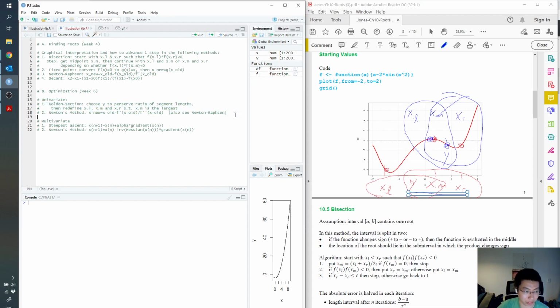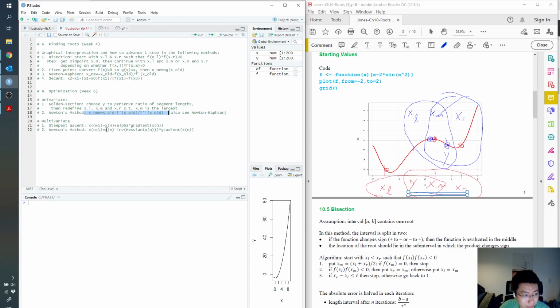So for the univariate case, we've seen these 2 methods to optimize the function. And then if I have a multivariate case, I can either use the Newton's method here. This is basically the same as this Newton's method, except that I've extended it to multiple variables, right?